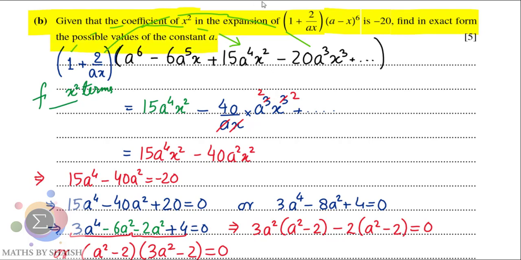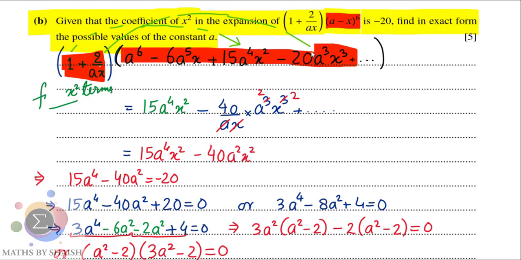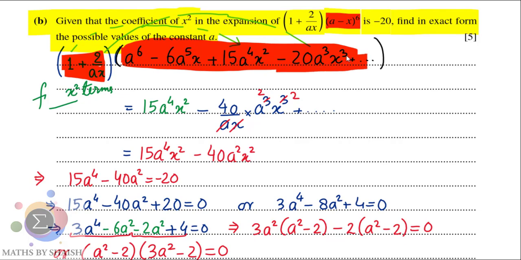We can take the first part as a hint because they have asked us to write only the first 4 terms, so we only require the first 4 terms of the second expansion, a minus x to the power 6. So here we have 1 plus 2 over ax, and the second bracket we have expanded with the help of the first part. Now we only require the 4 terms, so we have written them here.